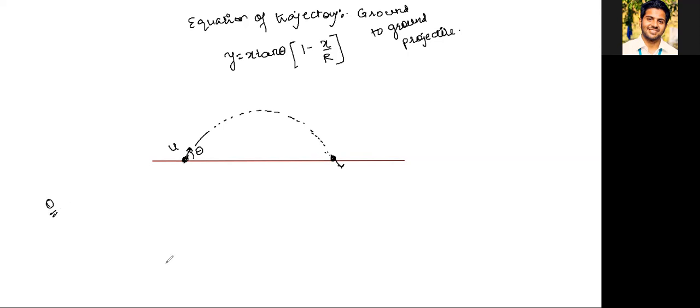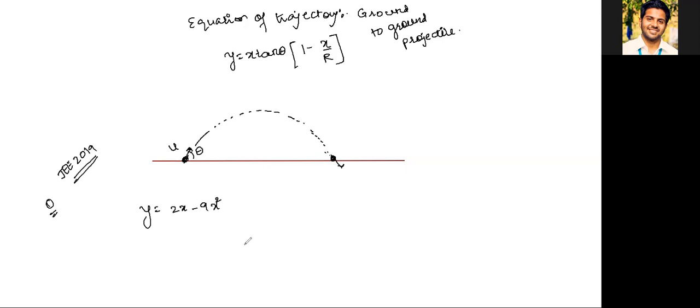A particle is projected from the ground such that its trajectory is given by y = 2x minus 9x square. Again, this is a question from JEE 2019.